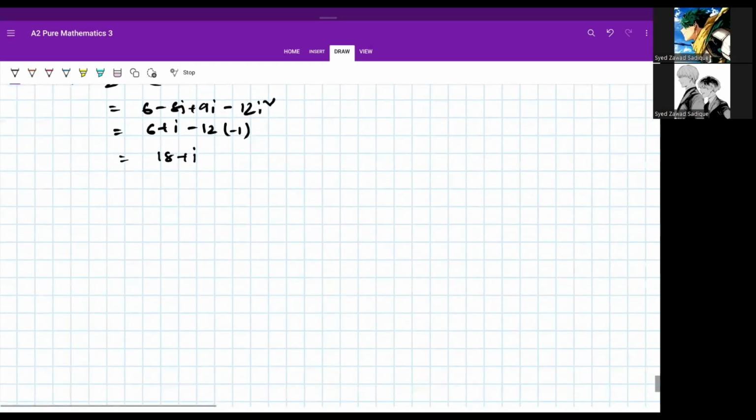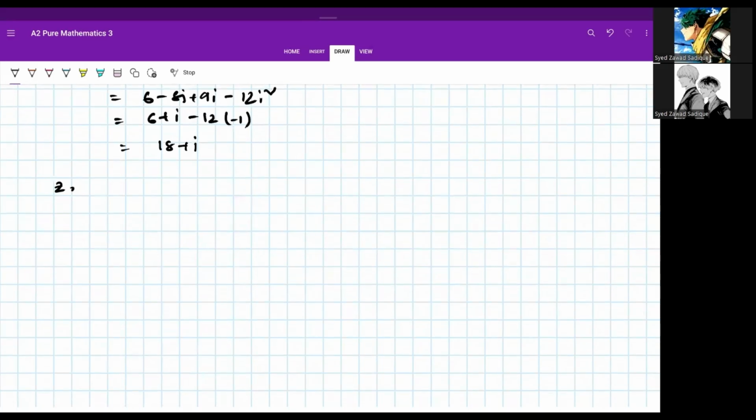Now, division. Say z1 by z2. z1 divided by z2 is 2 plus 3i divided by 3 minus 4i.